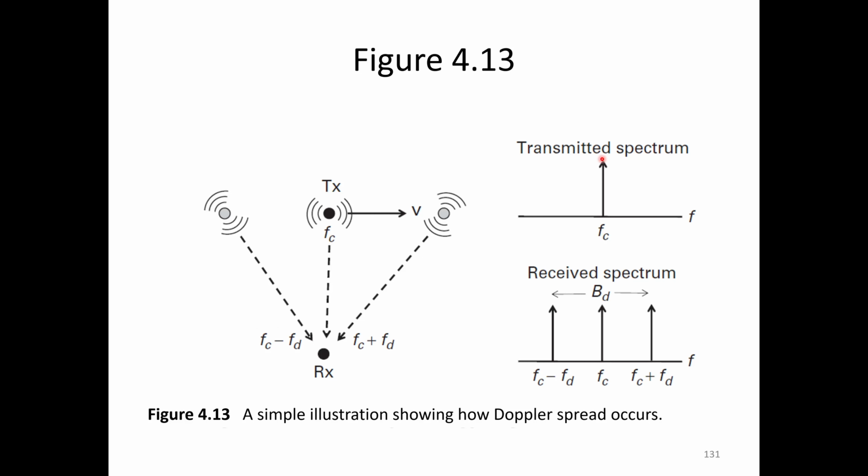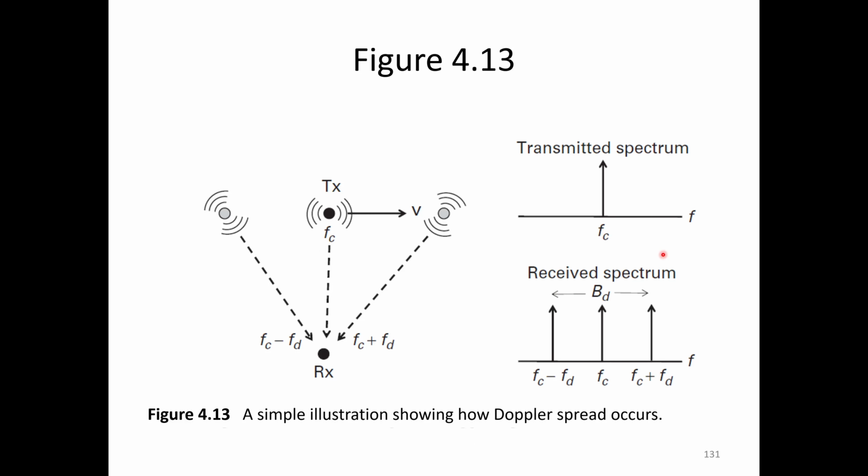Originally, if we do not have these two scatterers, the transmitted spectrum is a delta function at f equal to Fc, so the bandwidth of the transmitted signal is 0 Hz.